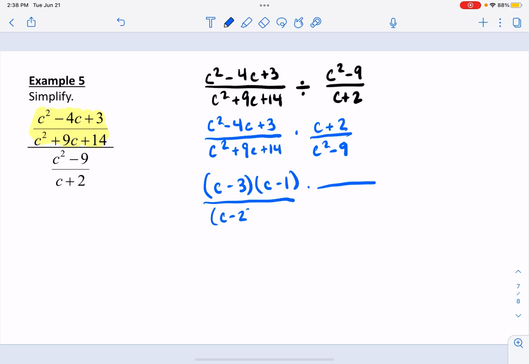C plus 2. C plus 7. I don't know why I did minus there. Plus, you know how I knew I was wrong? I looked at what this numerator was. And I was like, ooh, C plus 2. Ooh, I probably should have a C plus 2 on the bottom there. These are just tricks that mathematicians like to do. The bottom of this second one is a difference of squares.